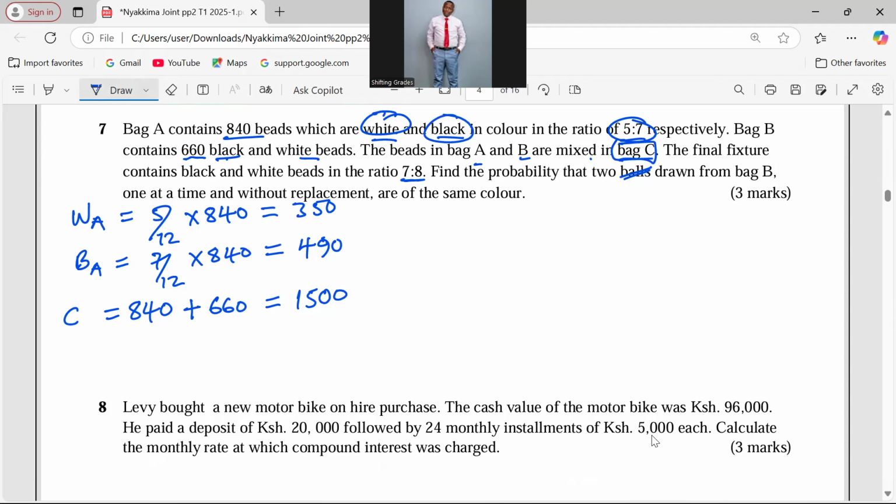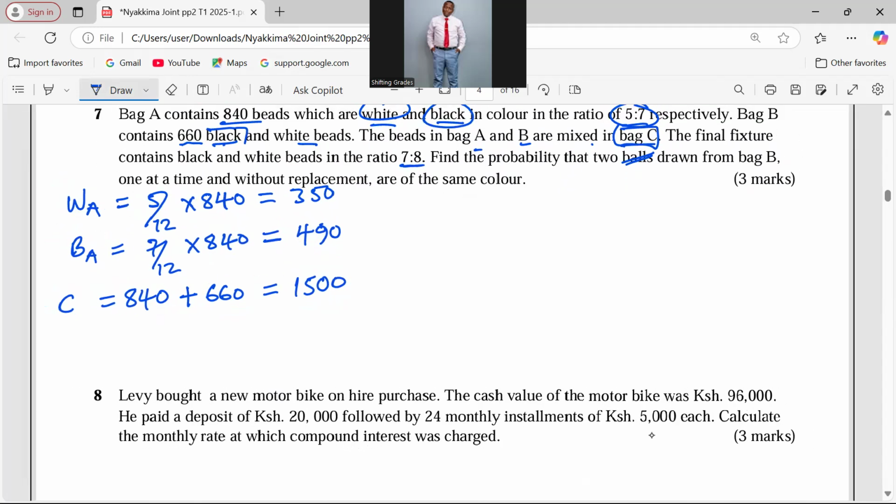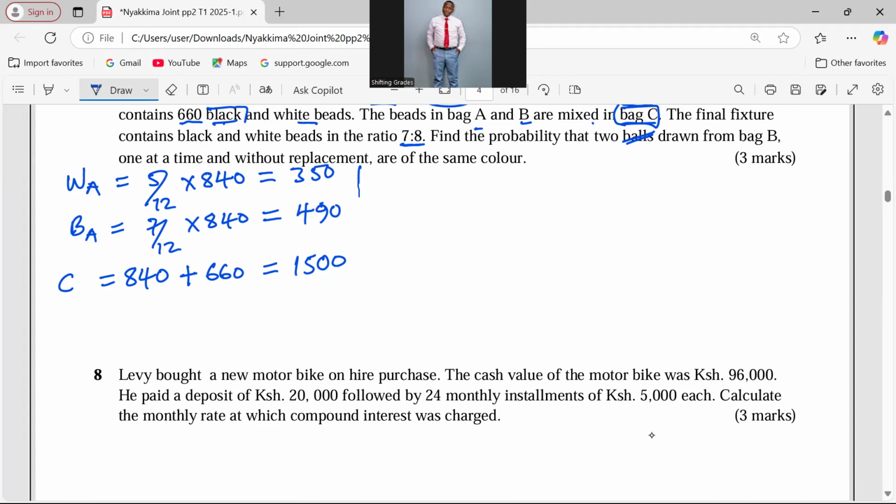Such that if we assume the 660 in bag B are both black and white, then we can say, inside bag B now, and in bag C, sorry, out of the 1500, we had a total of, let me check the ones we are beginning with, white.